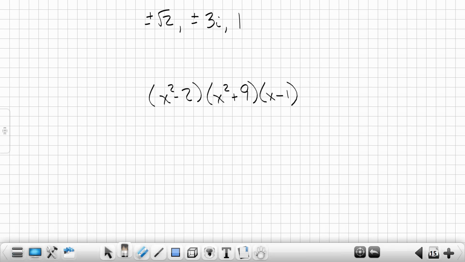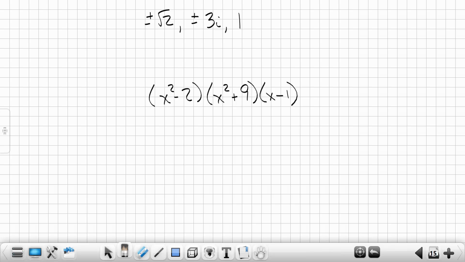Allow me to emphasize something. In my notes, I put plus or minus square root 2. In my notes, I put plus or minus 3i. The book is going to try to trick you. Whenever you have a radical root, whenever you have an imaginary root, it will always, 100% of the time, come with the other side of it.